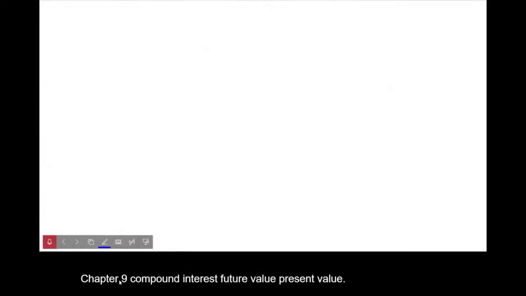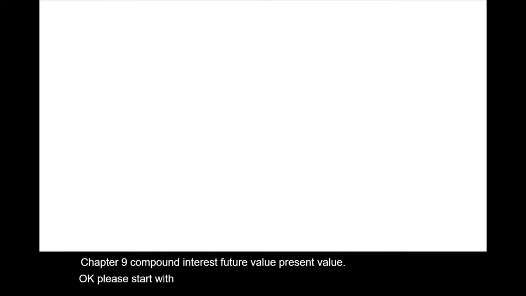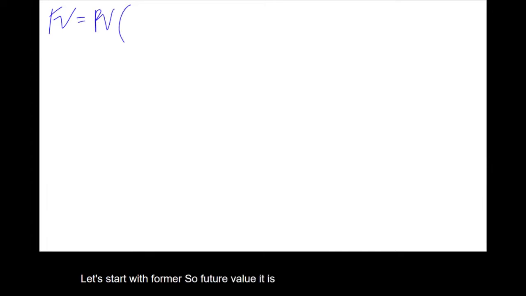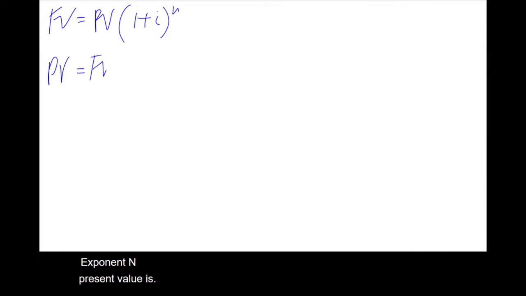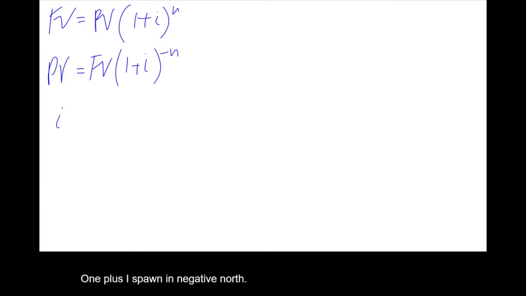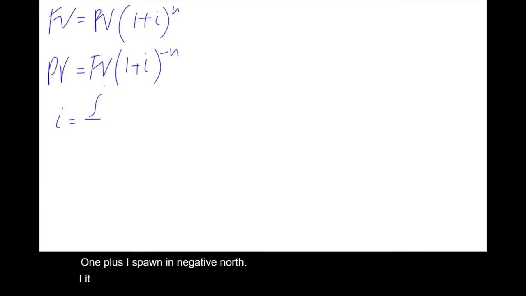Okay, we start with formulas. So future value is present value times (1 plus i) exponent n. Present value is future value times (1 plus i) exponent negative n. i is j over m, right? n is t times m.